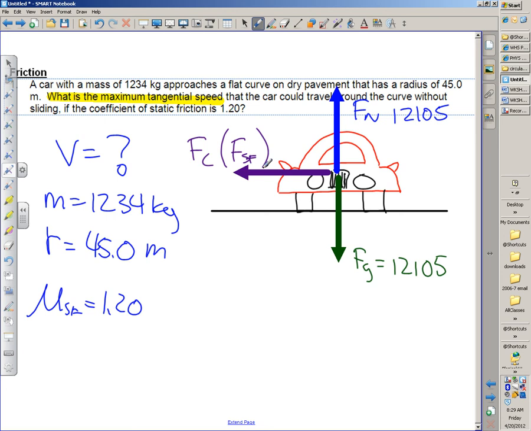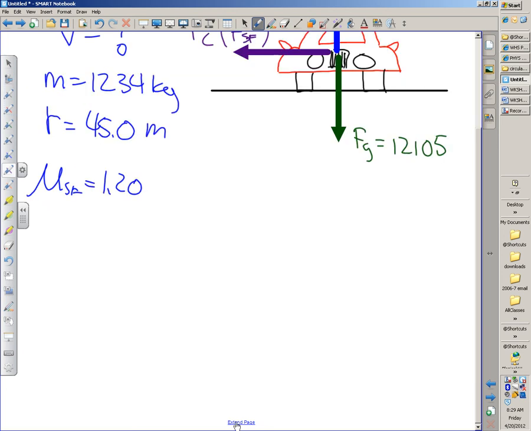Does that make sense on the picture? Yes, no, maybe. So here's where all of these problems in this chapter have to start. F of C equals. And then it's a matter of where centripetal force comes from. We just established what centripetal force has to be equal to in this case: static friction. So that's how this problem starts.